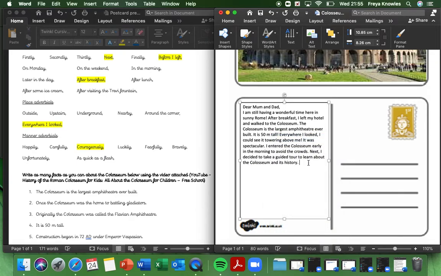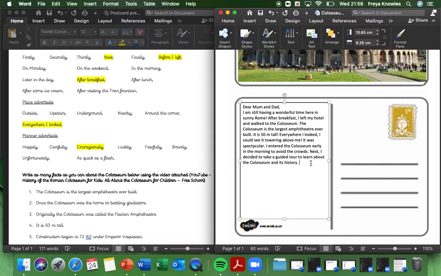Another benefit of typing them out is it shows you quite quickly if you've made a spelling mistake, which I do quite a lot when I'm typing anyway, because I type quickly and I'm not always checking as I go. So there we go. Next, so we used another fronted adverbial. I decided to take a guided tour to learn about the Colosseum and its history. So we've only got before I left and courageously to fill in now.